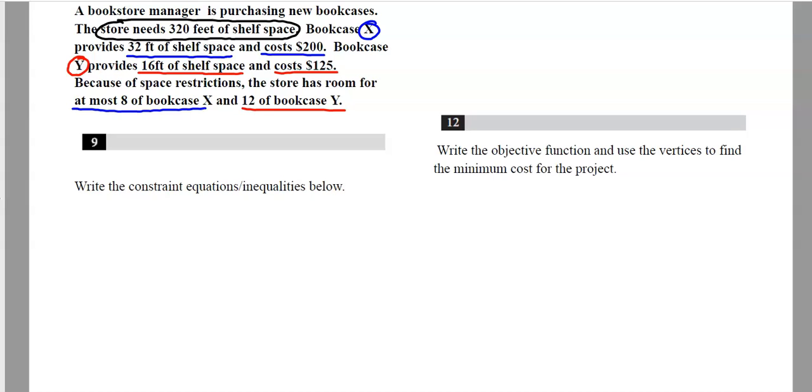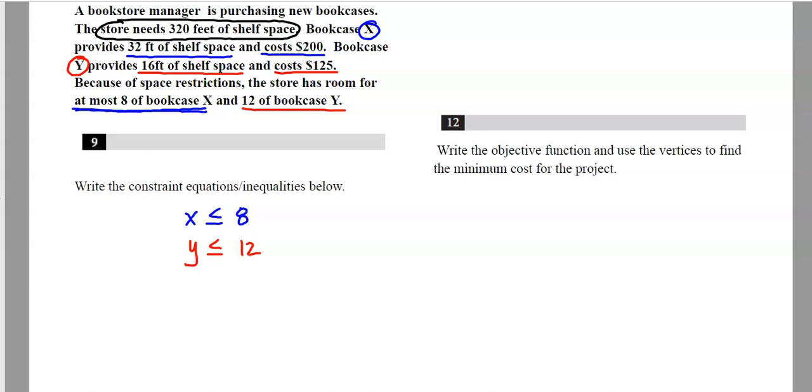I'm going to go to the bottom here. At most, we can only have 8 X's. All right? So X has got to be less than or equal to 8. And Y has to be less than or equal to 12.